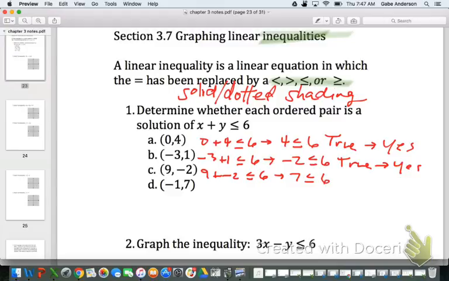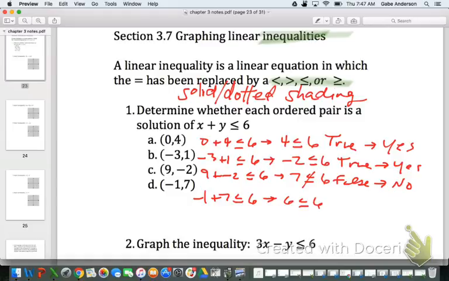Is that true or false? False. That's false. And so I'm going to put a little slash through that. False. Therefore, the answer is not yes, it's no. Make sense? All right. And then finally, negative 1, 7. We would say negative 1 plus 7 is less than or equal to 6, which leads us to 6 is less than or equal to 6.